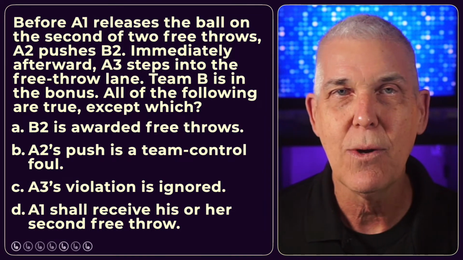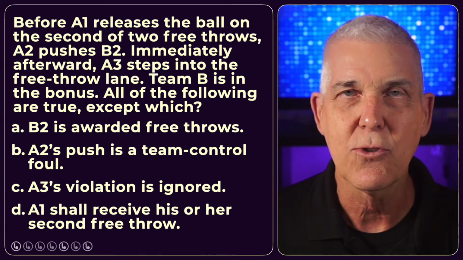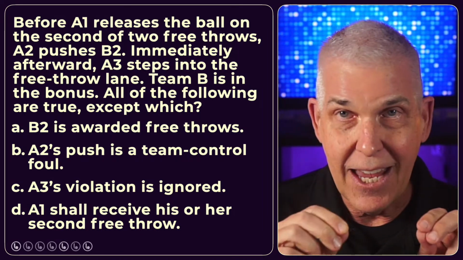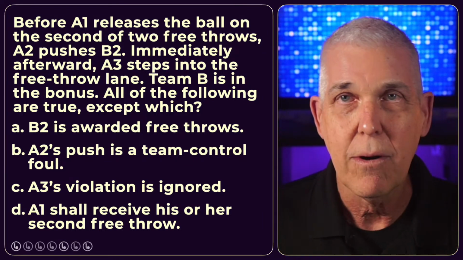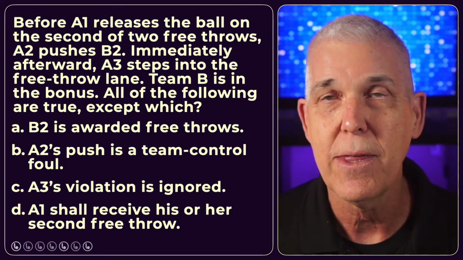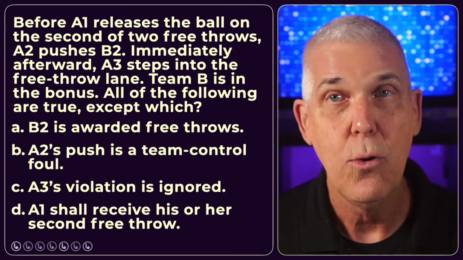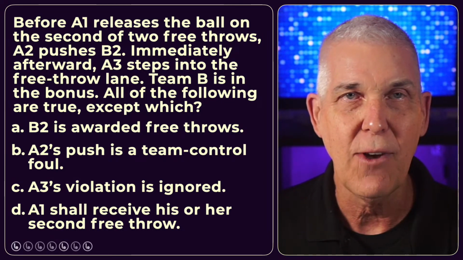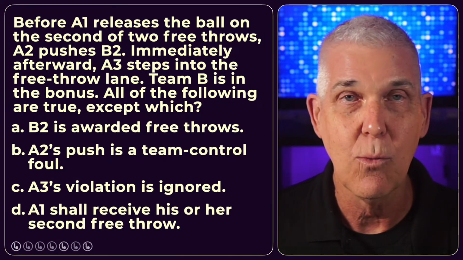Team B is in the bonus. All of the following are true except which? If a teammate of the thrower commits a foul, will that result in free throws for the opponent? No, it would not. This would be considered a team control foul, and no free throws would be awarded.